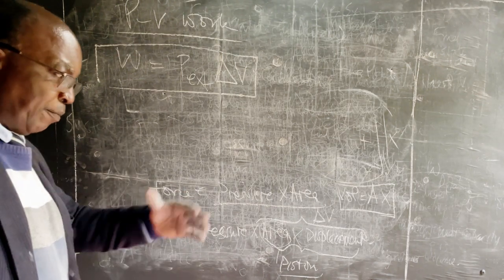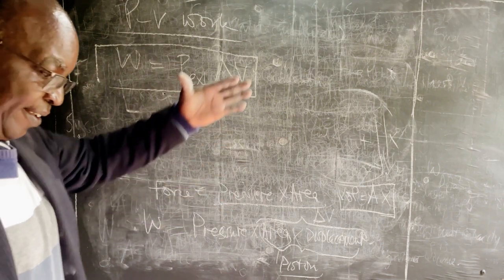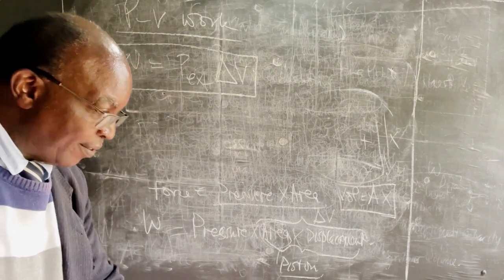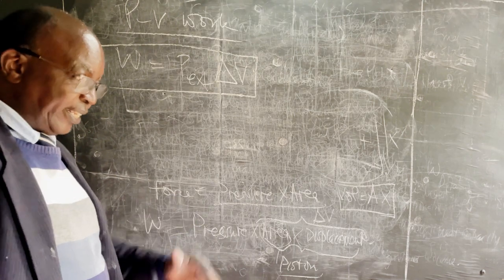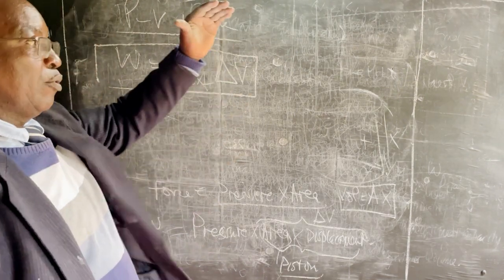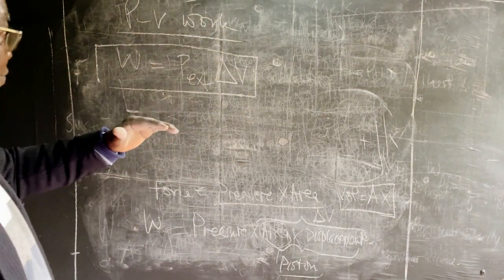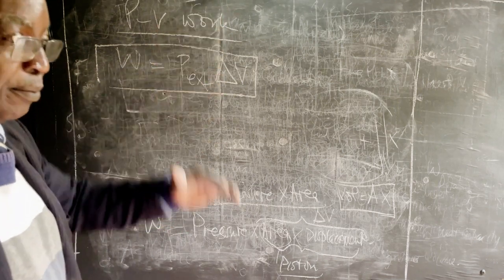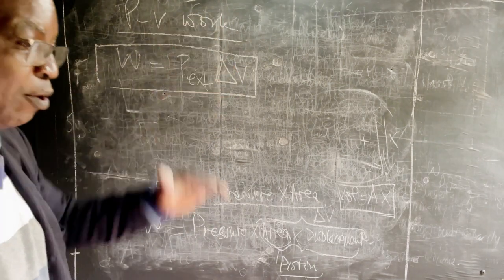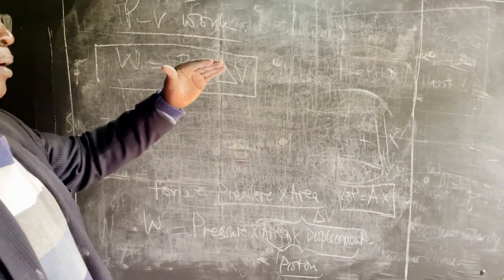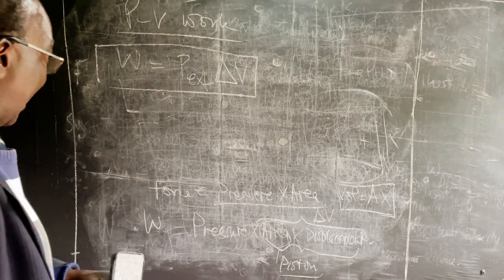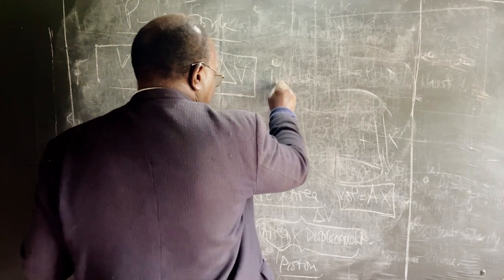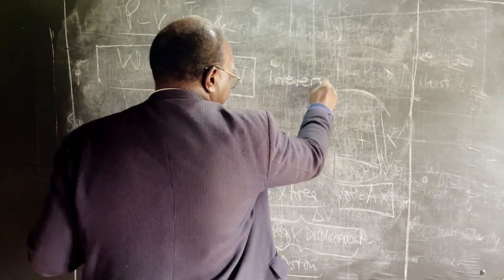So if external pressure is greater than internal pressure, the piston is compressed until the forces are balanced, the pressures are balanced. If the internal pressure is greater than external pressure, again the piston will be pushed up until the two forces are balanced. It's irreversible. So the piston is not going to come down or go up, depending on which one was greater than the other. So that's an irreversible process. So this is the expression for calculating irreversible work.